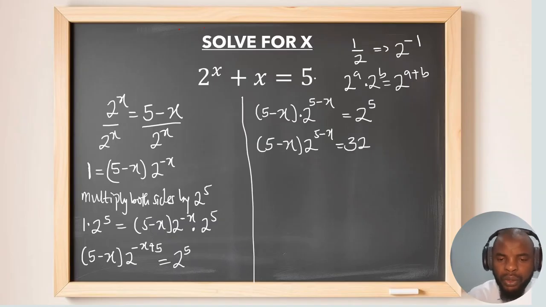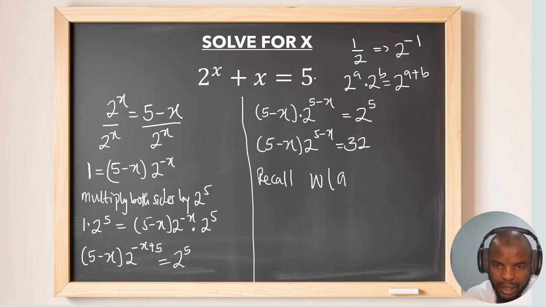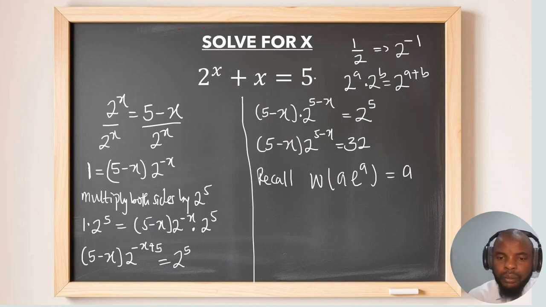Now, I'm going to introduce something we call the Olympiad-level function. And what does the Olympiad-level function say? It says that if you have the function a exponential a, so here you need the exponent function, a exponential a equals what?